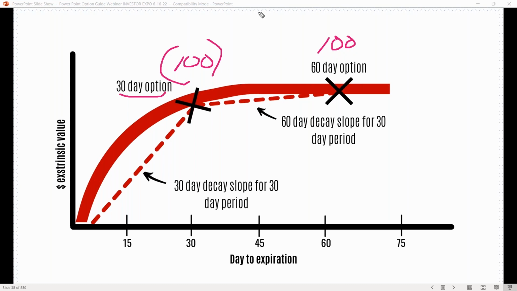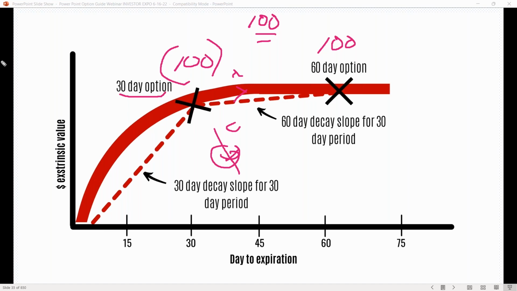If it doesn't move, let's just say theoretically it just sits at $100 over the life of this trade, what happens? Well, that $100 option keeps going lower and lower, that theta decay, and eventually it goes to zero. So it's going to go to zero before the long one goes to zero. So we can take advantage of that spread because of the time difference between the option series.